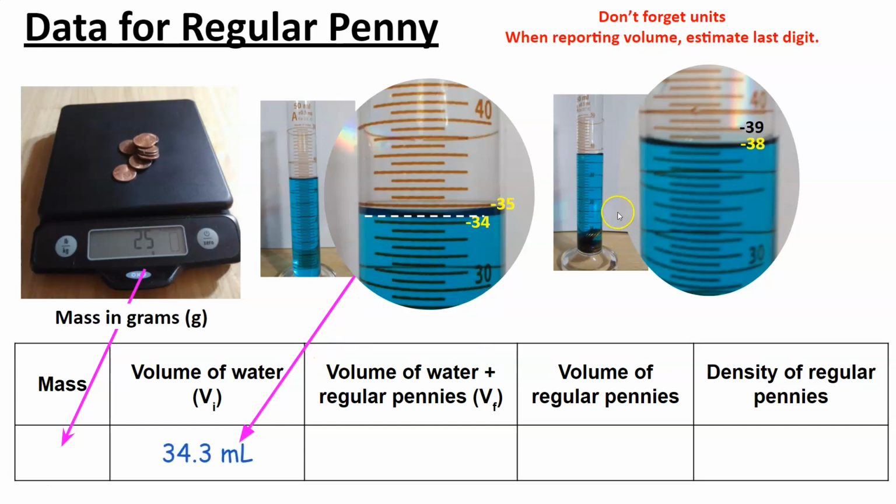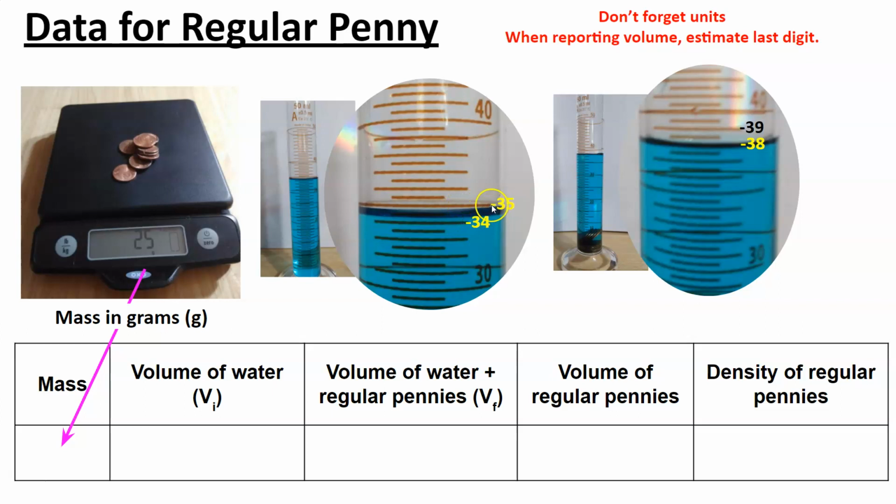I wanted to actually show you what I got for that. So when reading the bottom of the meniscus, I'll go back. This is the 34 line. The longer lines go by 1 milliliter. And then the little short lines in the middle, you can just ignore those. Those are half milliliters. And then this really long line is 35, okay?